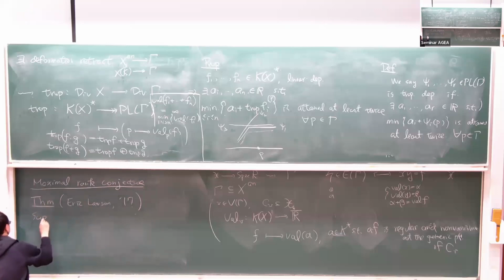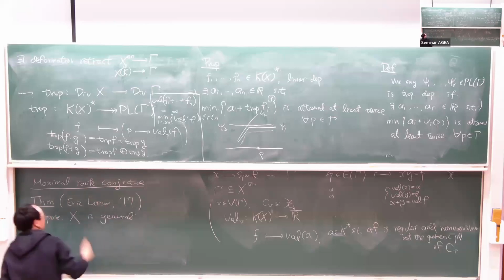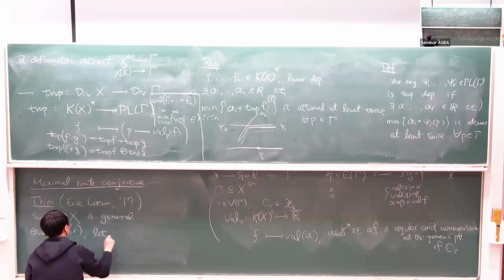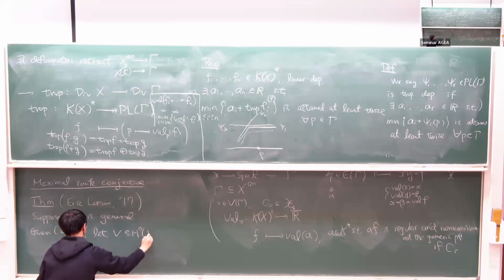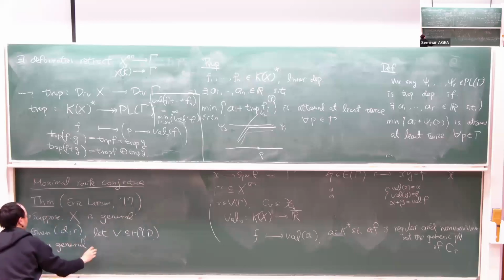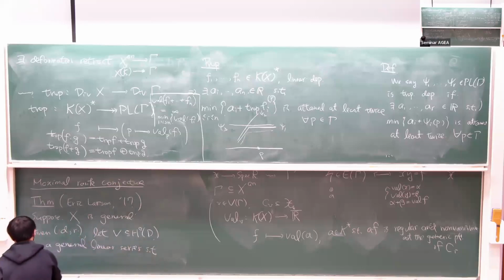So the statement is the following. Suppose X is a general curve, and given a pair of numbers r and d, we let V be a general linear series such that the degree of this divisor D is little d, and the dimension of this linear series is r plus 1.